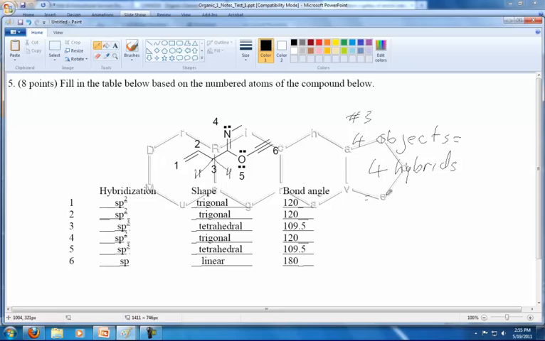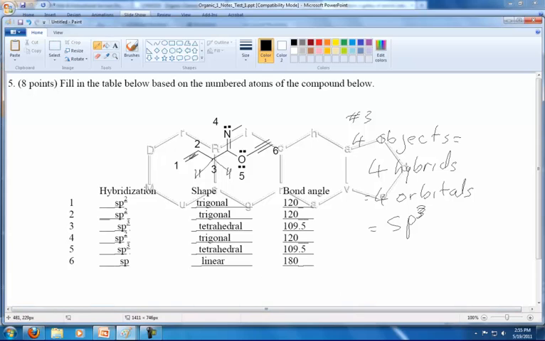And that means we need 4 orbitals to make those hybrids, so we're going to be sp3 hybridized on that particular atom right there. That needs 4 orbitals, 1 s and 3 p's, to make 4 sp3 hybrids.